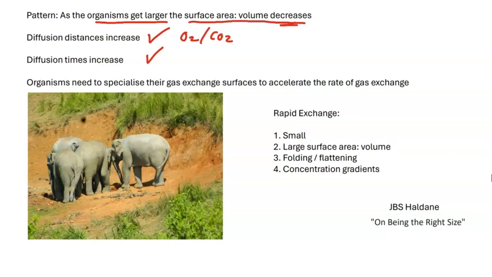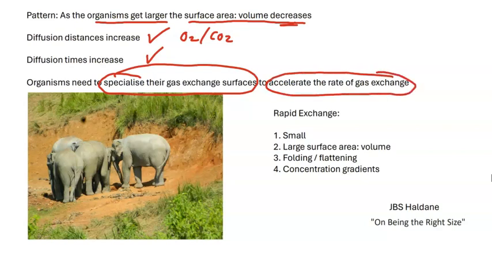And so what we will be studying is how organisms specialize their gas exchange surfaces to accelerate the rate of gas exchange. And they achieve this by making the actual exchange surfaces very small, such as in the alveoli and the gill.